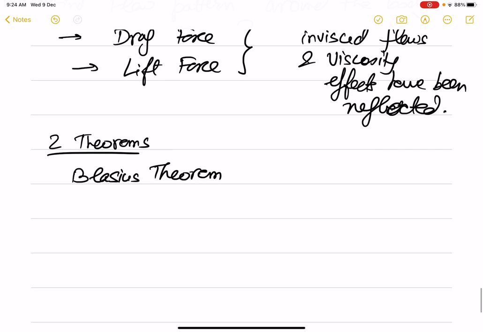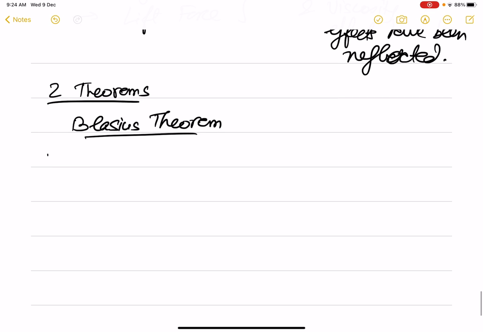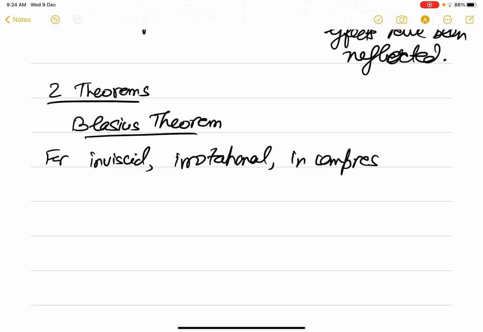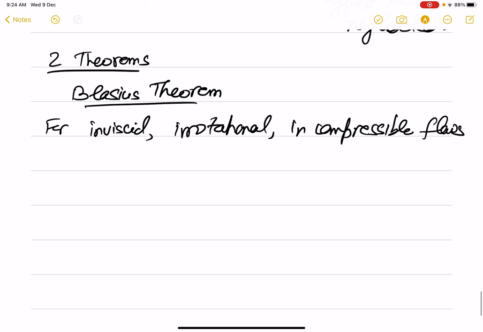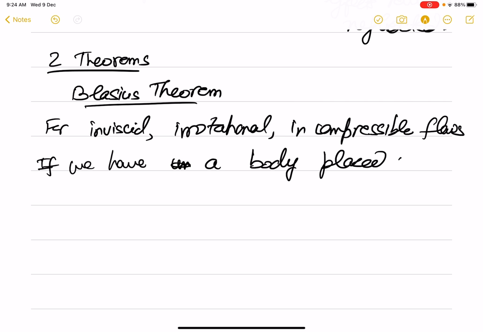What the Blasius theorem tells us is that for this class of flows, for inviscid, irrotational, incompressible flows, if we have a body placed in uniform flow.